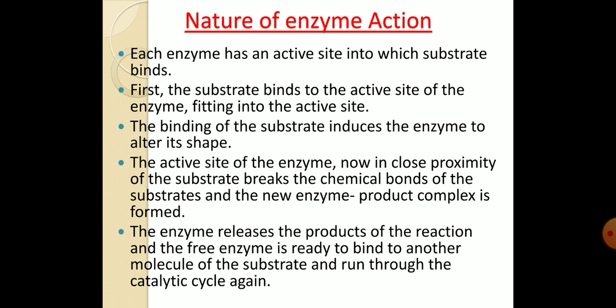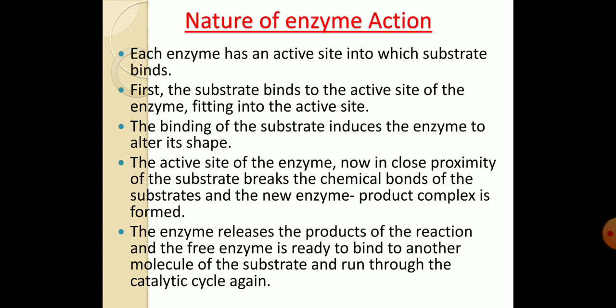So that's how the 6 major classes of enzyme classification are involved. Next, going to the nature of enzyme action. Each enzyme has an active site to which the substrate binds.